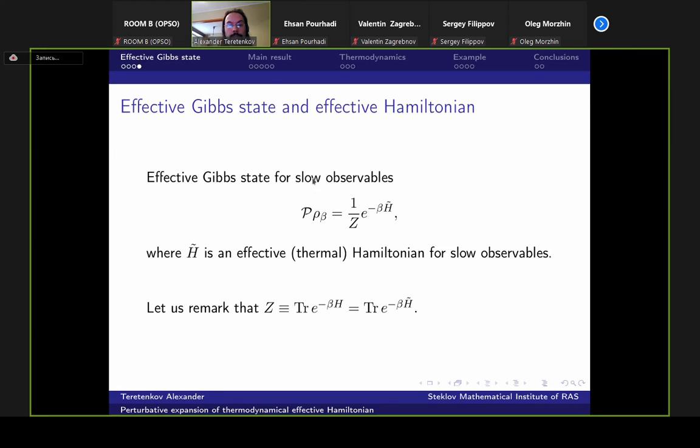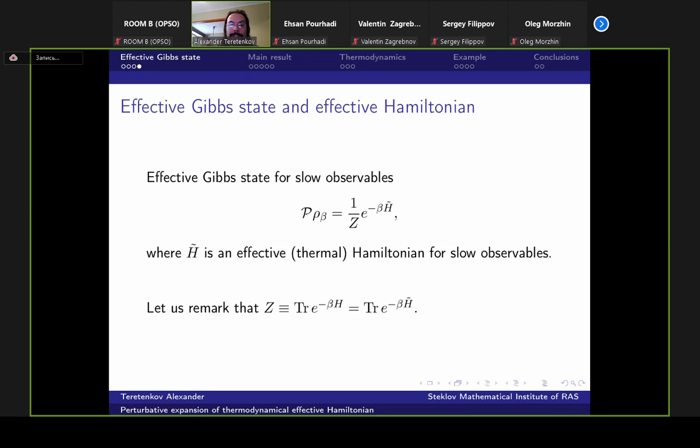And I consider actually not just the Gibbs states, but the effective Hamiltonian. The effective Hamiltonian is some kind of resummation of the corresponding series, which I will calculate perturbatively.